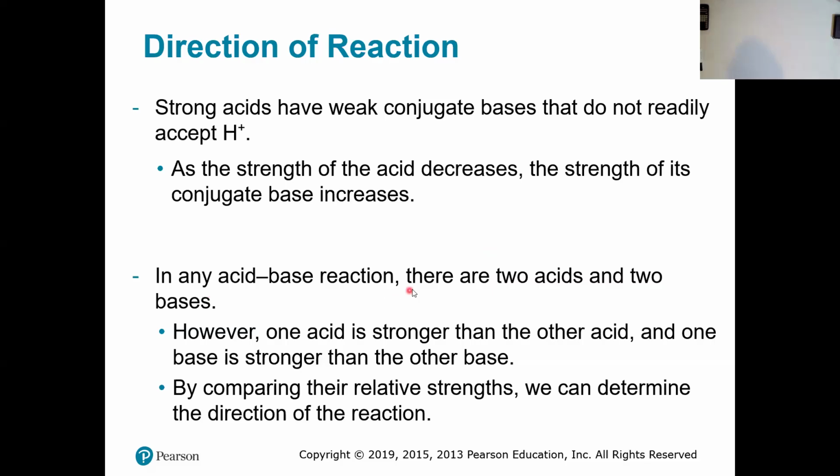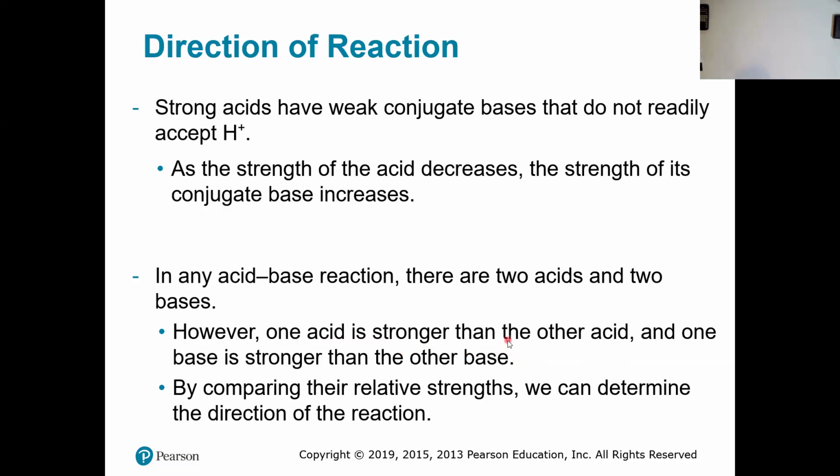In any acid-base reaction, it says 2 acids and 2 bases here, but it's just like we saw before. There's going to be an acid and a conjugate base, and a base and a conjugate acid. So technically there's 2 acids and 2 bases. They'll be separated on each side. On each side, one acid is going to be stronger than the other, and one base will be stronger than the other.